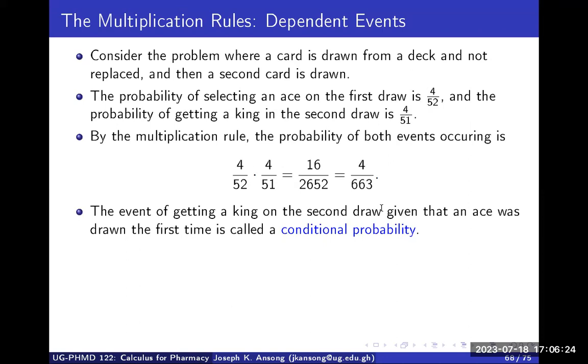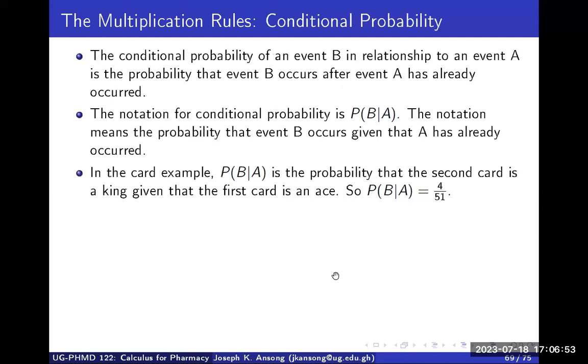So we say that the event of getting a king on the second draw, given that an ace was drawn the first time, is called a conditional probability. Getting the king the second round is conditioned upon you drawing the ace in the first one. So that is a conditional probability. Conditional probabilities are very important, so you pay attention to them.